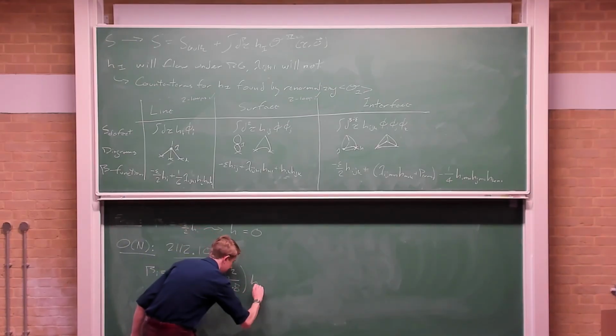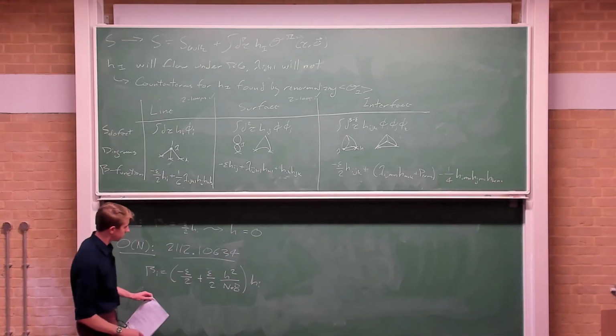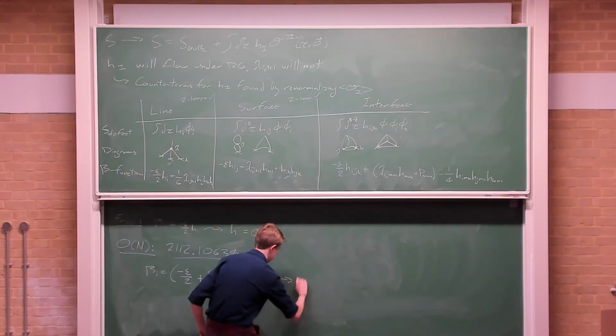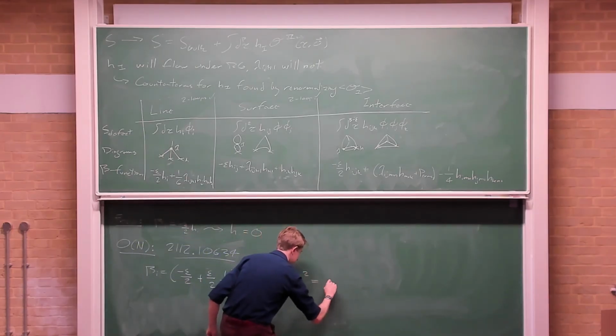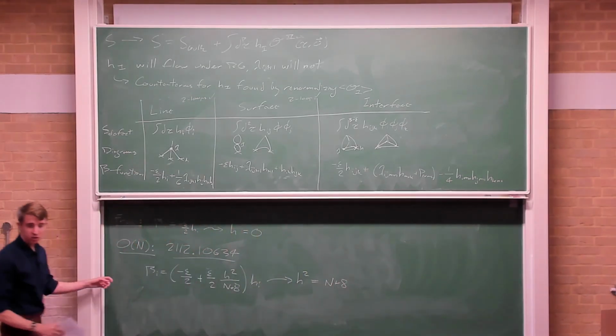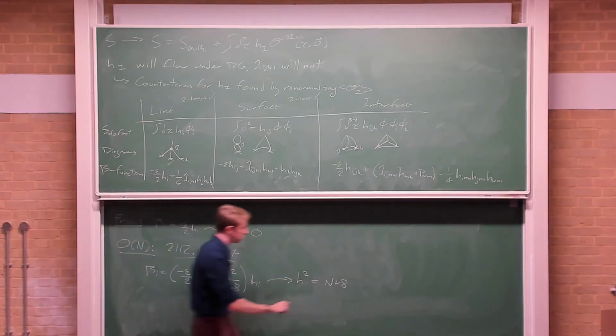And if you look at this, you can convince yourself that the only non-trivial solution is when this vanishes, or when the norm of this vector is equal to n plus 8. So there's a single fixed point, which just corresponds to picking some vector h in your field space.